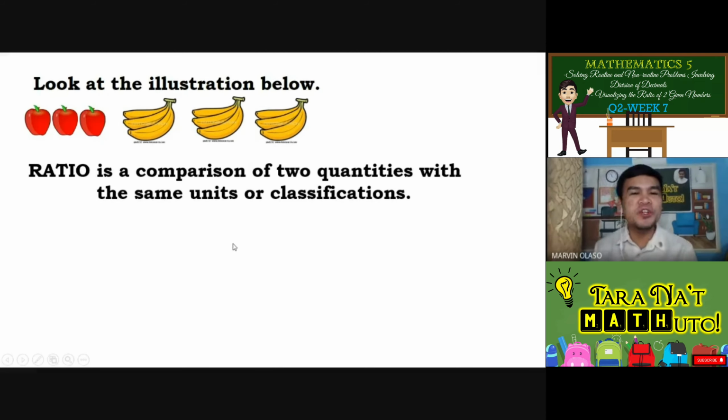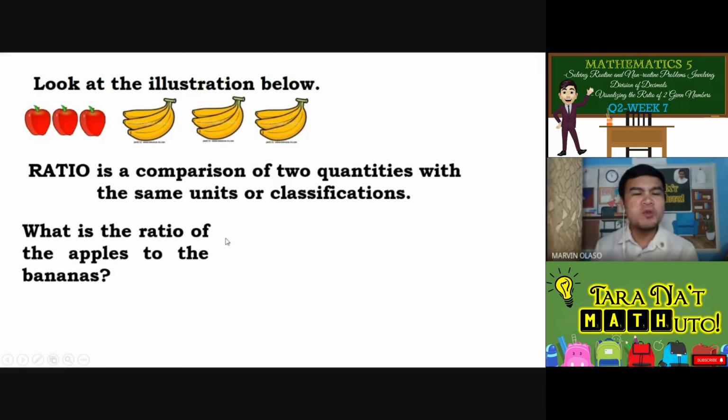Okay. Now, let's have our first question here. What is the ratio of the apples to the bananas? You have to be careful with the order of the terms. The first term is for apple, the second term is for banana. Please be careful of that. Whatever the first term is, that is also the number that should be placed first.